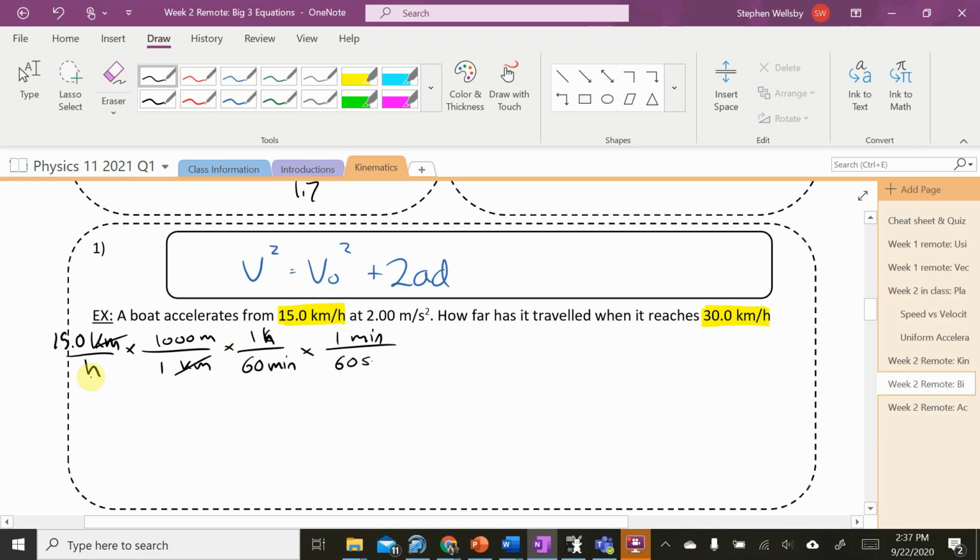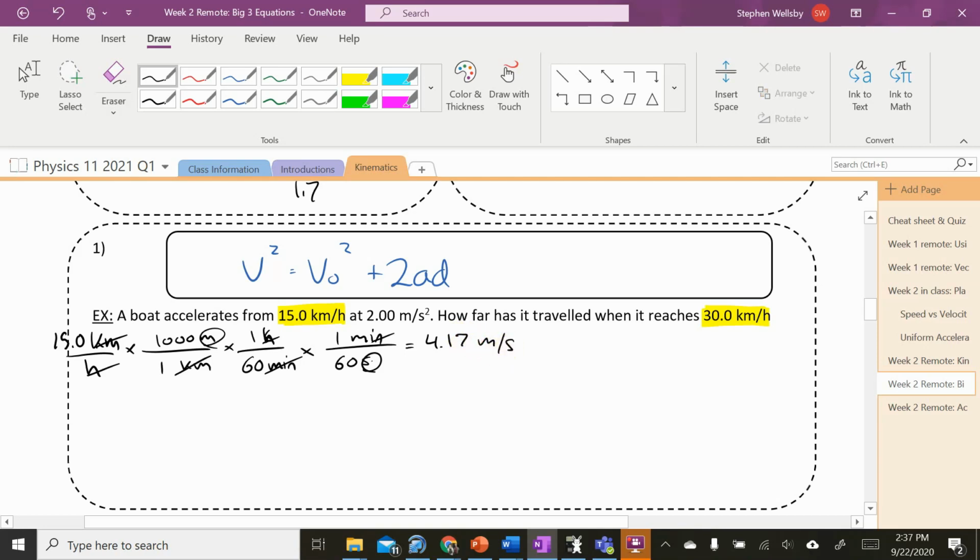So again, my hours are canceled, my minutes are canceled, and I'm left with meters per second, so that's good. So 15 times 1,000 divided by 60 divided by 60 is going to be 4.16 or 4.17 meters per second.